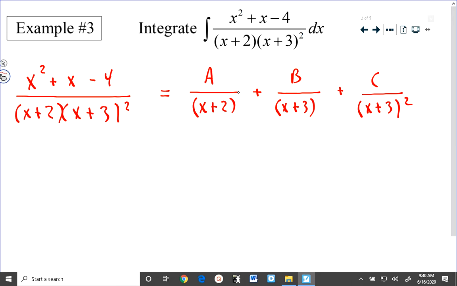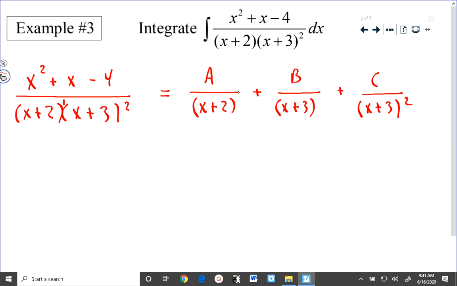When you have a factor in the denominator, that factor is going to contribute the same number of partial fractions to the set of partial fractions as the degree on that factor. So for example, the degree on the x plus 2 as a factor is 1, which means that the x plus 2 is only going to contribute 1 partial fraction.